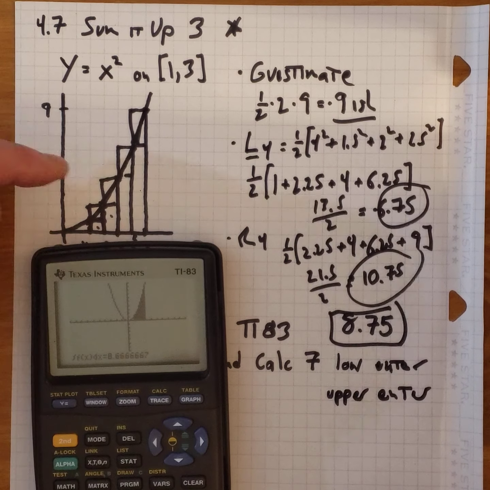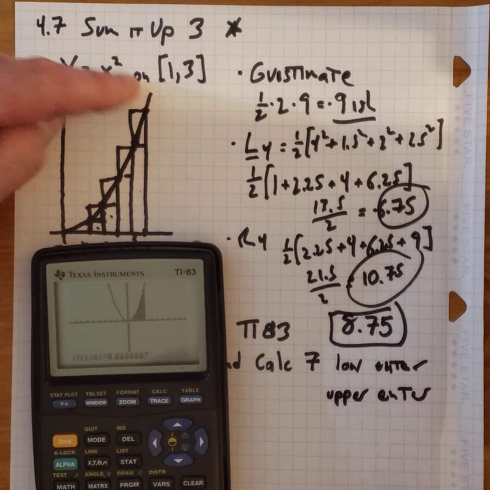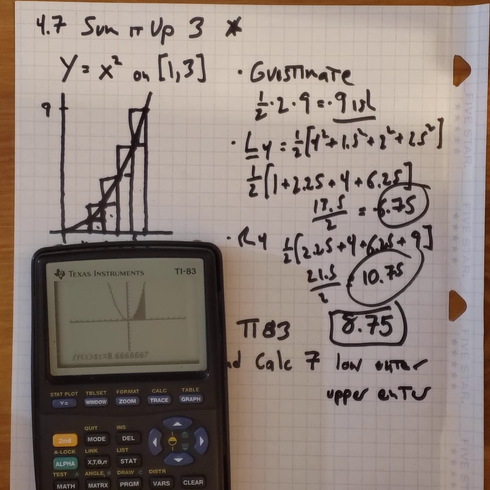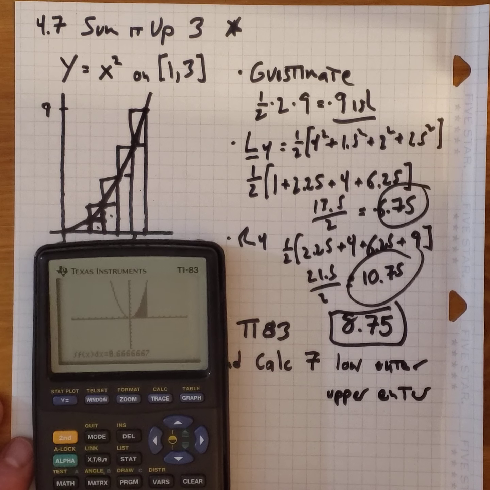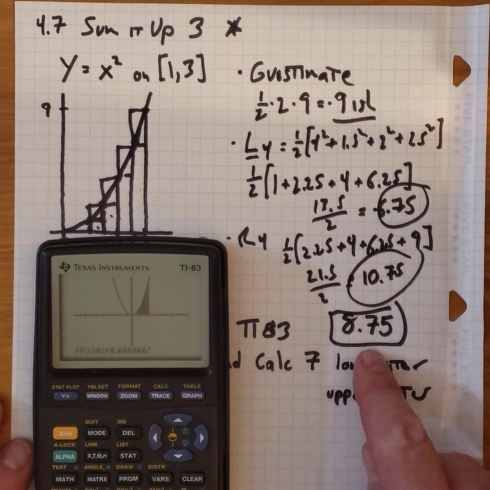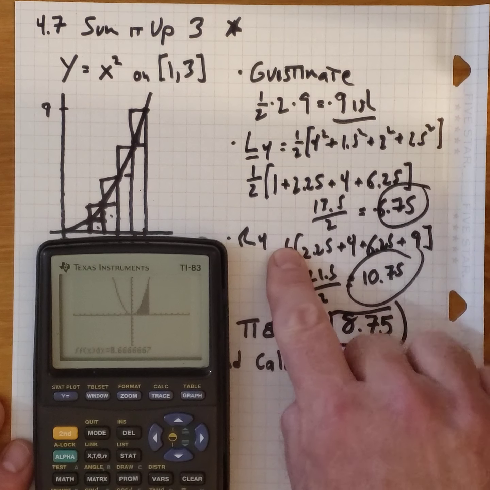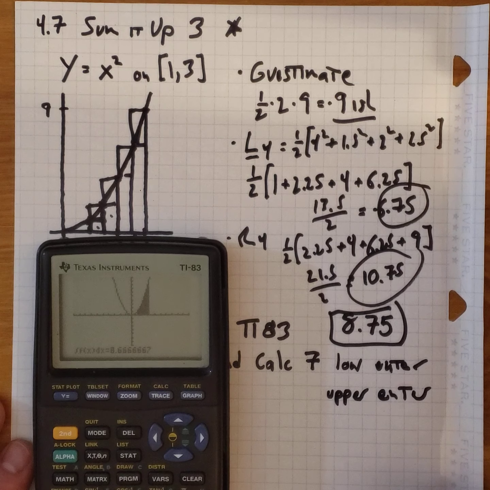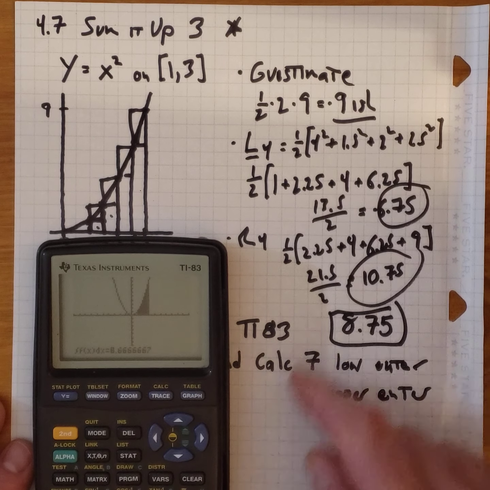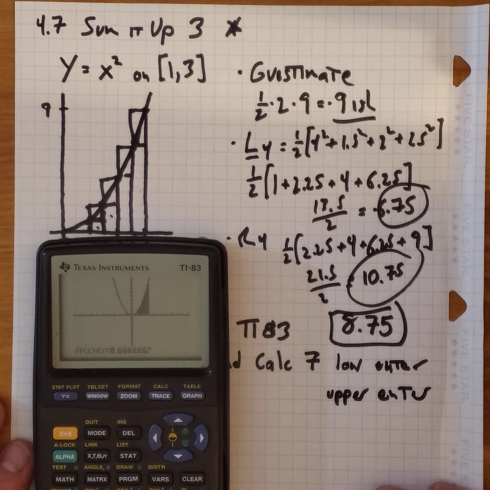So like I said, because of the concavity here, it should have been a little bit less than 9, and it is, but only by about 1/6 of a unit. So this is a very accurate method using the left and the right Riemann sums, averaging them together. Check it on the calculator, and always try to guesstimate it first. Be back soon.